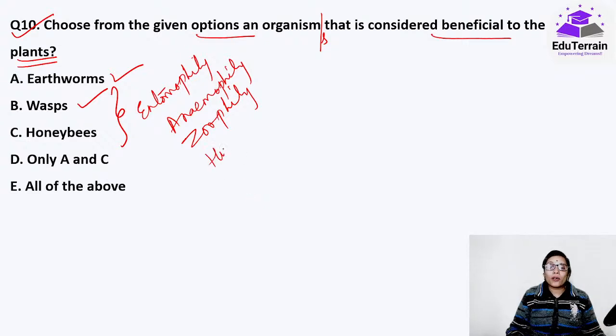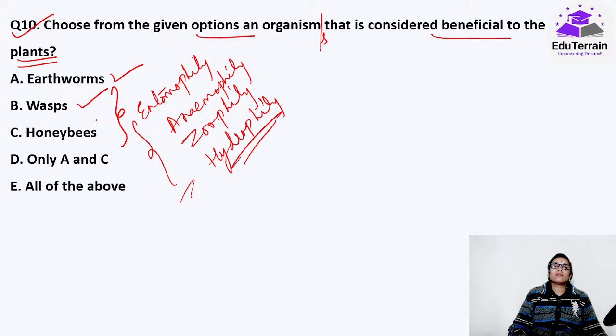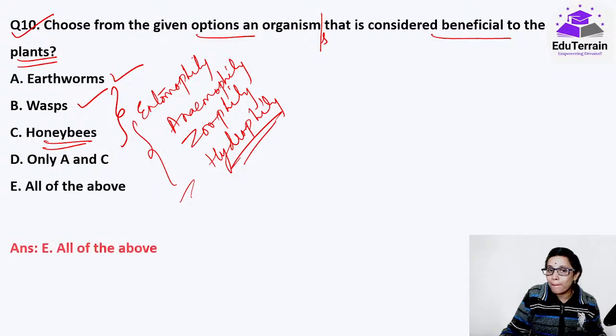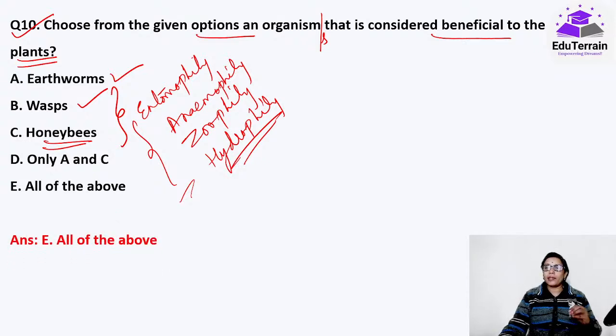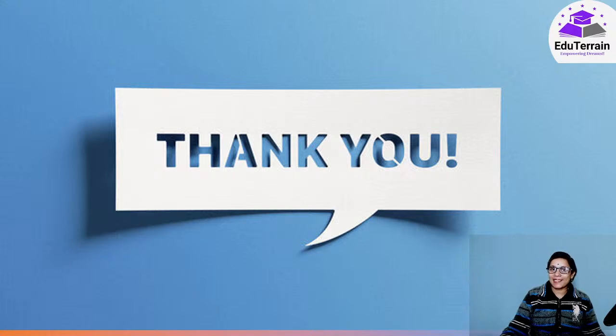Through water also, hydrophily. Water also helps sometimes. Wasps and honeybees are very important pollinators, especially for those plants where cross pollination is a must. So all of the above are very much beneficial to the plants.